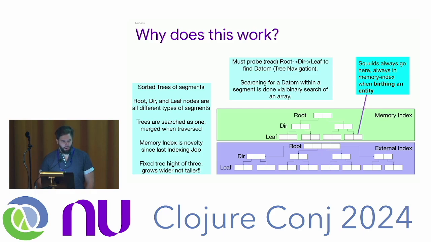So you are always going to already have the data you need to check against in memory, and it will always be a fixed sliding window of time in the case of squids. Squids are like 1 second for the time bits. And so that means that you only need to check against the random part of competing squid identifiers within a sliding time window of 1 second. So this is really nice because you can bound the number of segments you need to pull to 0 or whatever the sliding time window is.